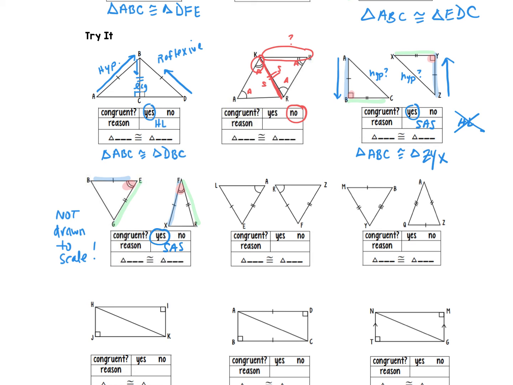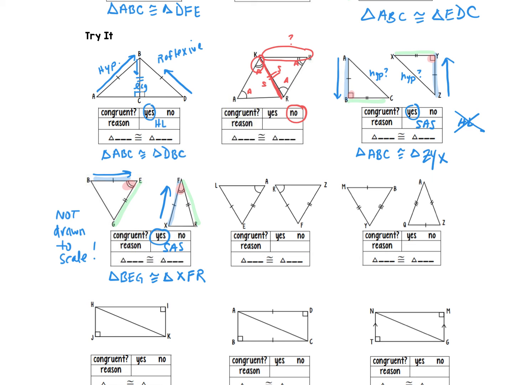And I know that's a little bit confusing, but sometimes that happens with our pictures. All right, triangle BEG is how I'm choosing to name the first one. So once I pick a name for that first one, the second one, I have to follow that order. So I went from B to E along that segment with 1 tick mark. So in the second triangle, I have to go X to F to R.